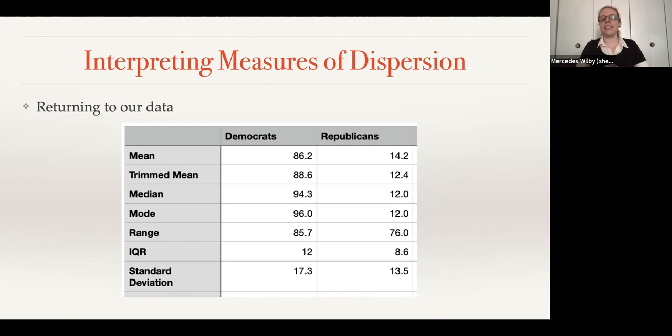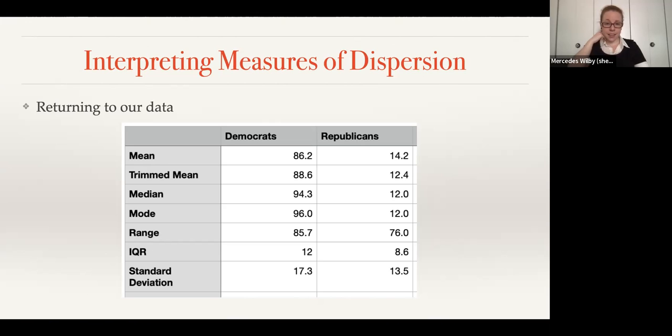However, in this case, I did calculate it without bothering to discard outliers. So in this case, it is somewhat affected by the outliers. But for my purposes, I do want to see the full range. I want to consider those outliers because they're interesting to me in my analysis. Why they are so different from their party is going to be something I want to look at. So I didn't want to discard them from this quantitative analysis.